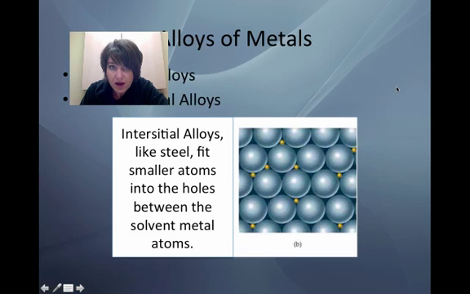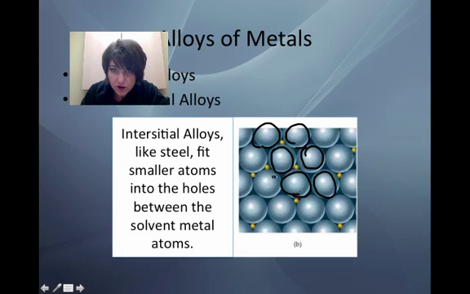So interstitial alloys are like steel, where smaller atoms fit in between the holes in the larger atoms that they're embedded in. So suppose that these large atoms here represent atoms of iron. If these are atoms of iron, then we could make steel stronger by placing small carbon atoms in between the little holes or the gaps left when we stack the iron atoms close together.